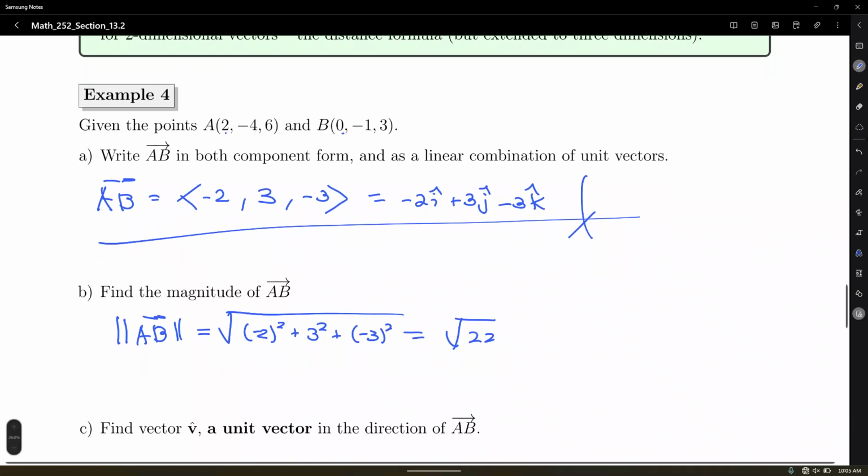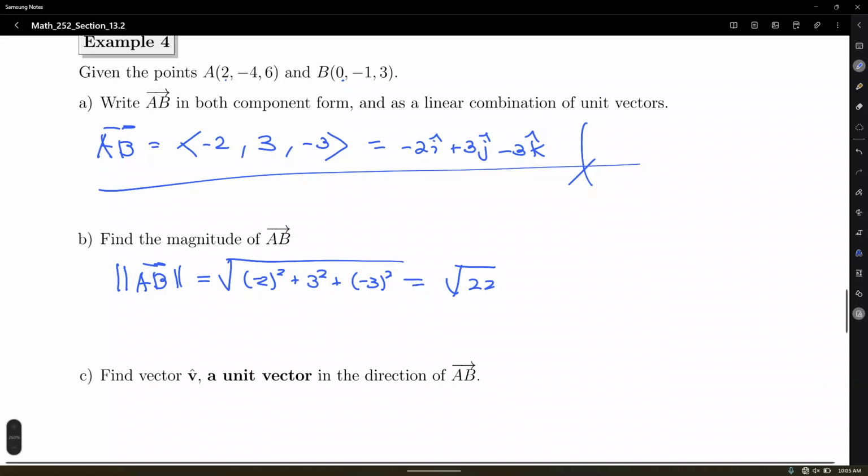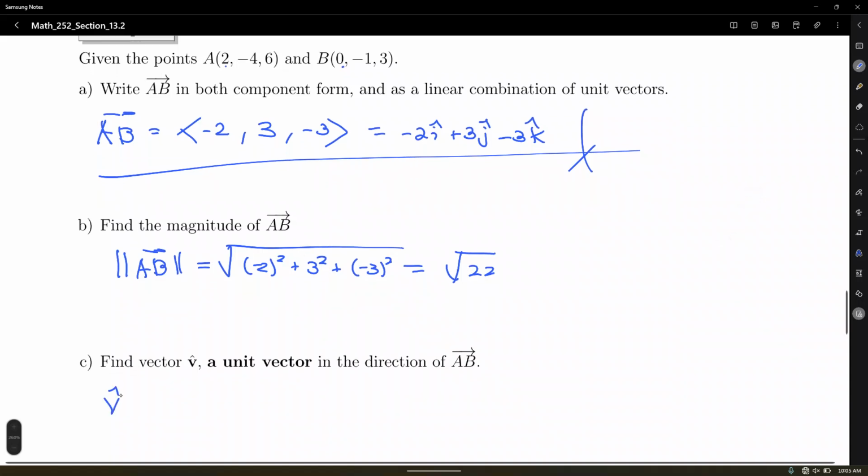Okay, find the vector v with a hat that is a unit vector in the direction of AB. Well, so what do we need for that? Well, v hat, which is the unit vector, is the given vector AB divided by its magnitude. So the components of the vector we just got, that is -2, 3, and -3, divided by the magnitude which we got in part B of the exercise.